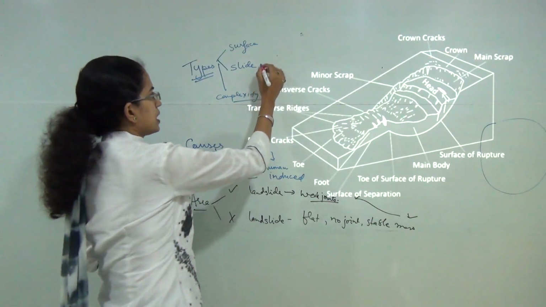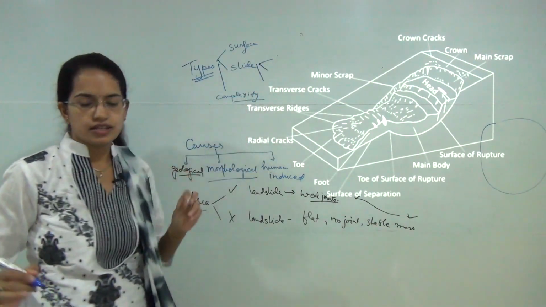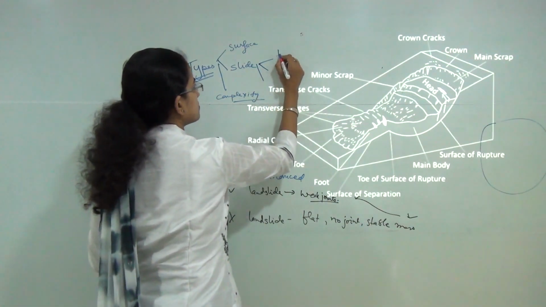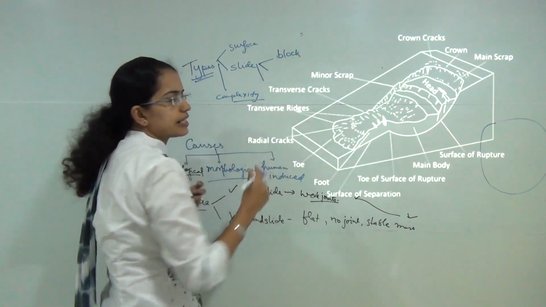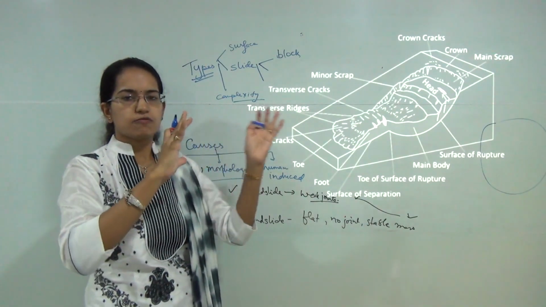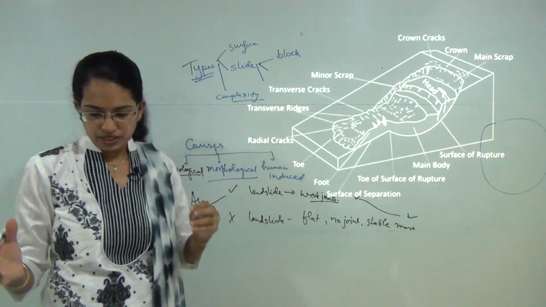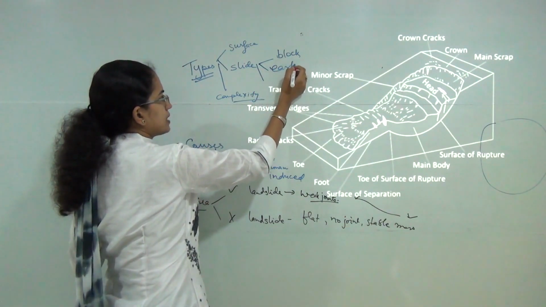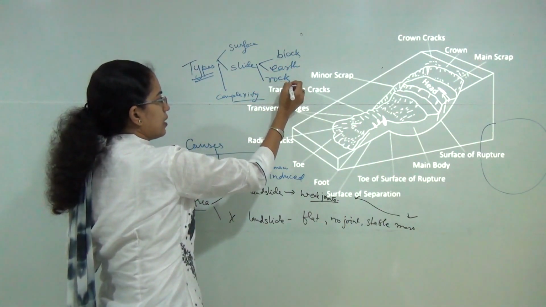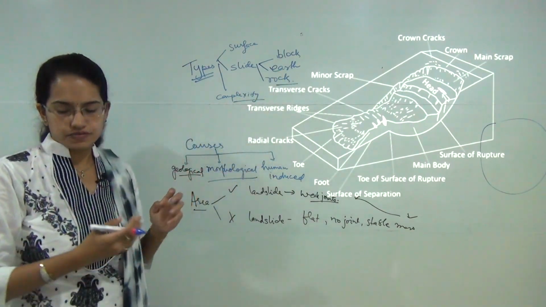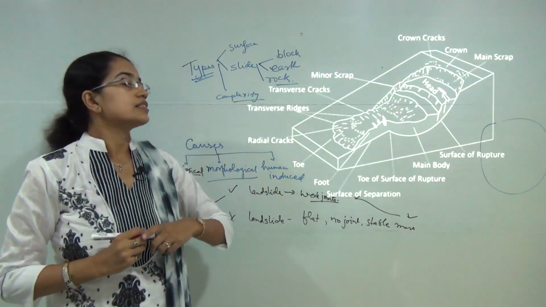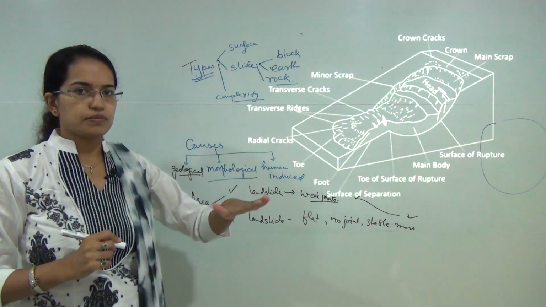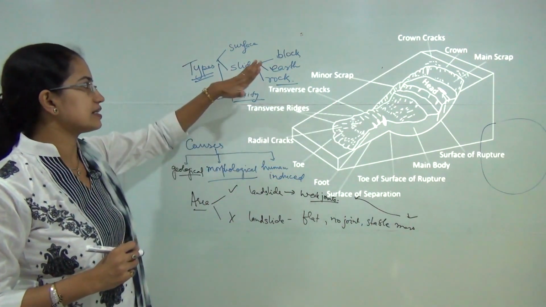When we talk about slide, it can again be divided into three types: the block slide, earth slide and rock slide. Block slide means the whole block falls as such or topples down. Then you have earth slide, where you have fine material that moves down, and then you have sliding of the rocks that takes place. Sliding of the rocks usually explains the bedding planes. So the base of the rock would be explained in the slides.